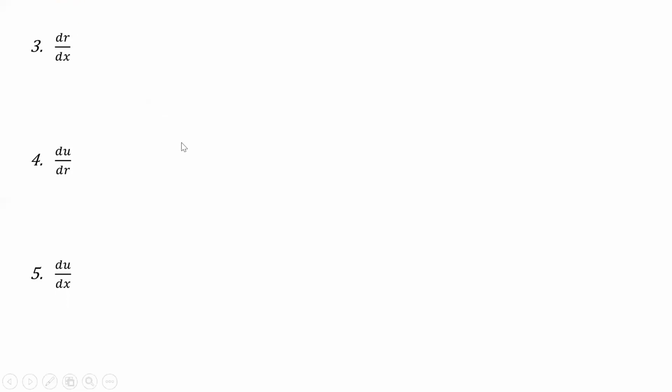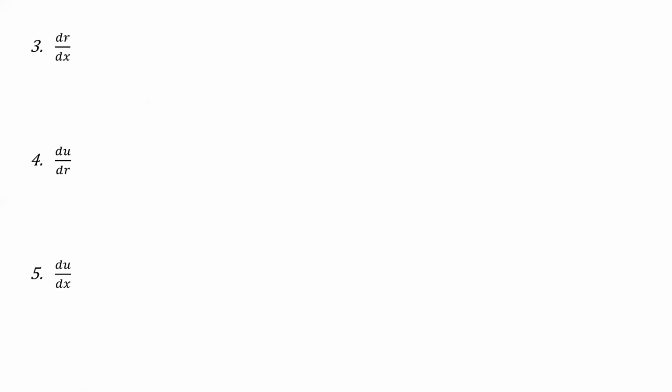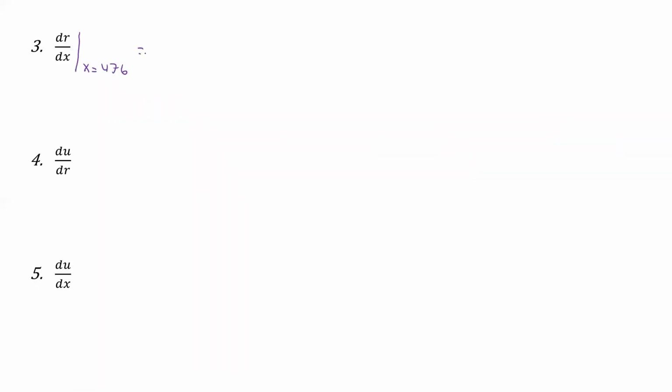This was based on the 476 units. So we're going to take dR/dx at x equals 476, and that said it was increasing by 2.6 Canadian per unit. So that's going to be equal to 2.6 Canadian per unit, because we had to plug in 476 for x. dR/dx with x equals 476 gives us a revenue changing by 2.6 Canadian dollars per unit.